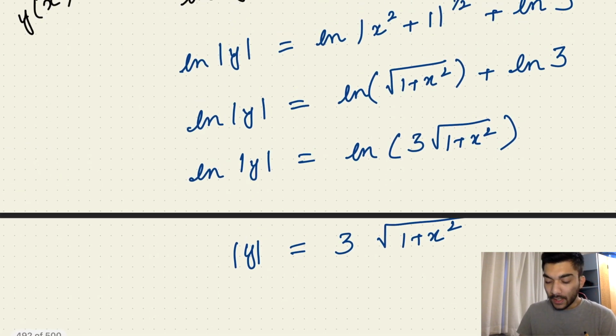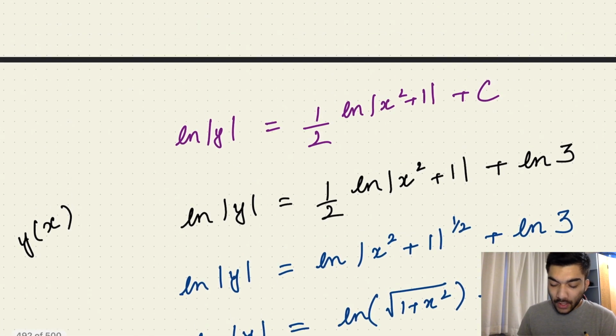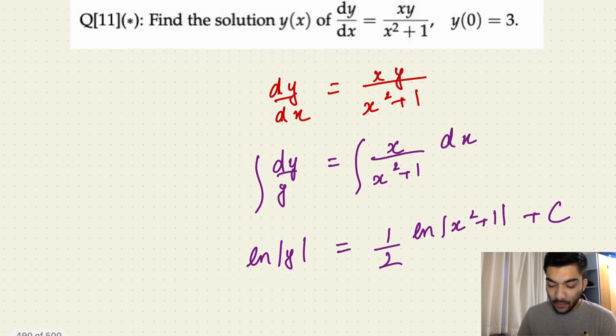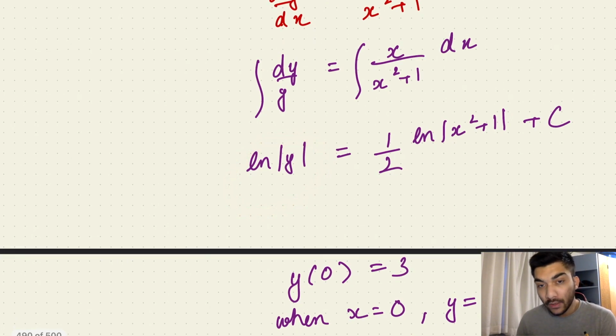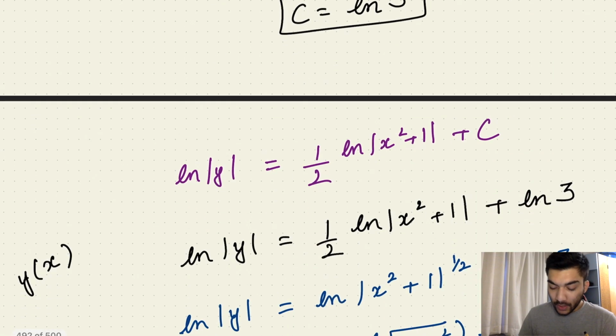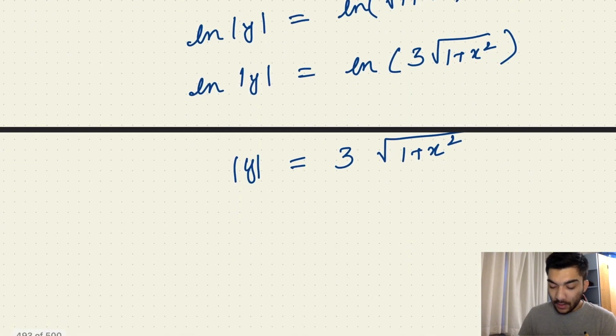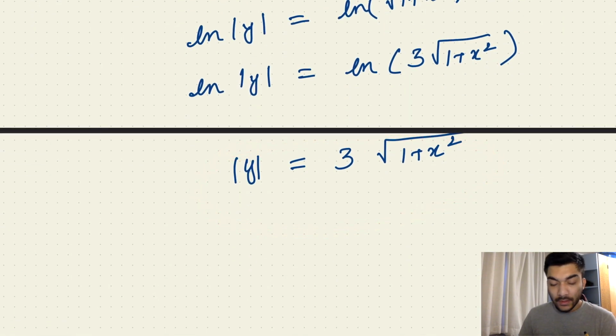In this case, that is an important point: whenever you're calculating the integral of 1 by y dy, the solution is ln of absolute value of y. It's not ln y, it's always ln of absolute value of y. So you'll carry the absolute value of y until the last step to simplify this expression.